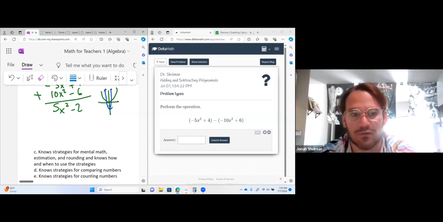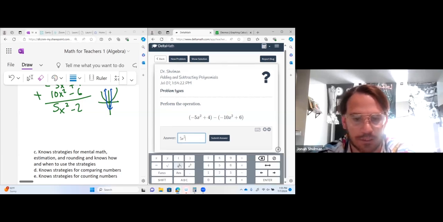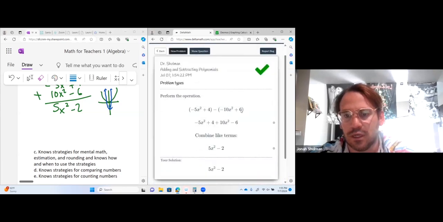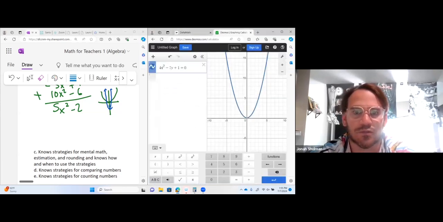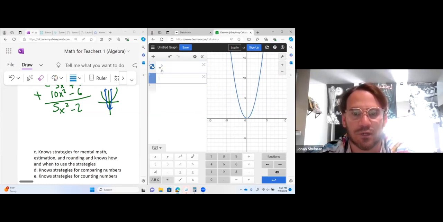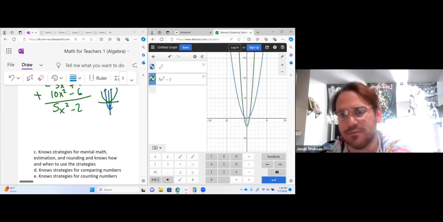So there's your answer, 5x squared minus 2. Ta-da! And if you want to show them what it looks like, this is what a regular x squared graph looks like. Now if I have x squared again, when I do minus 2, what happens? It falls, and if I put the 5 in the front, it gets 5 times skinnier. Ta-da!